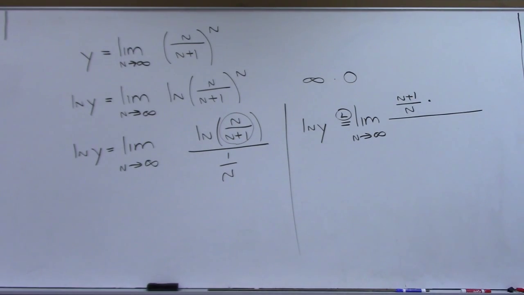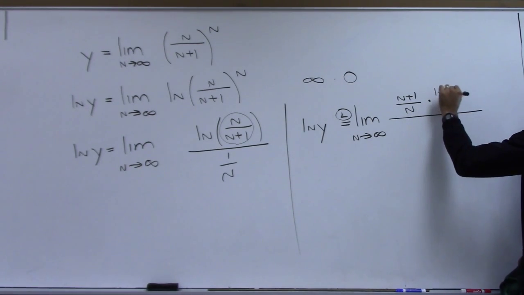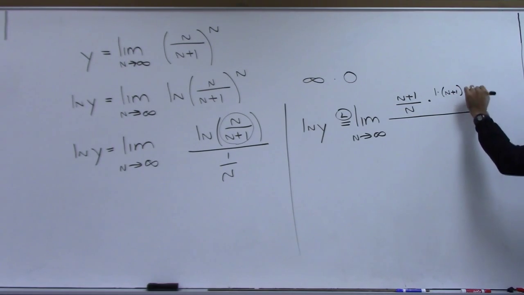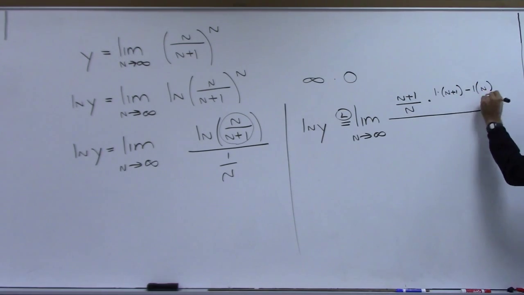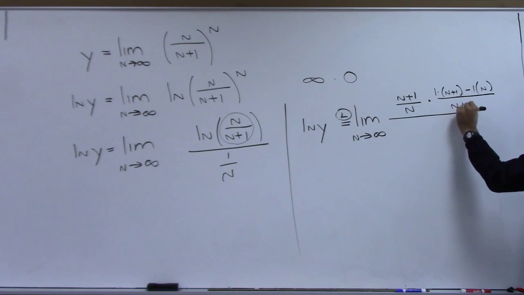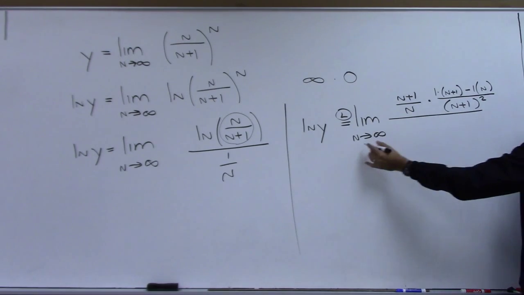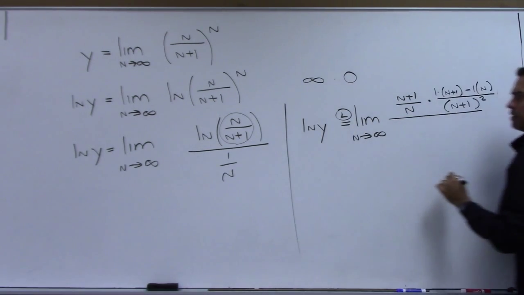What's the derivative of what's inside there? Quotient rule: derivative of the top times the bottom minus the derivative of the bottom, which is 1, times the top, all over n plus 1 squared. Is this looking like a disaster? What's the derivative of the bottom?